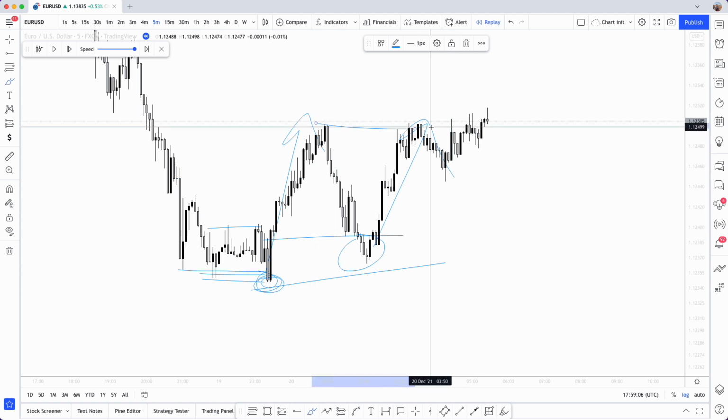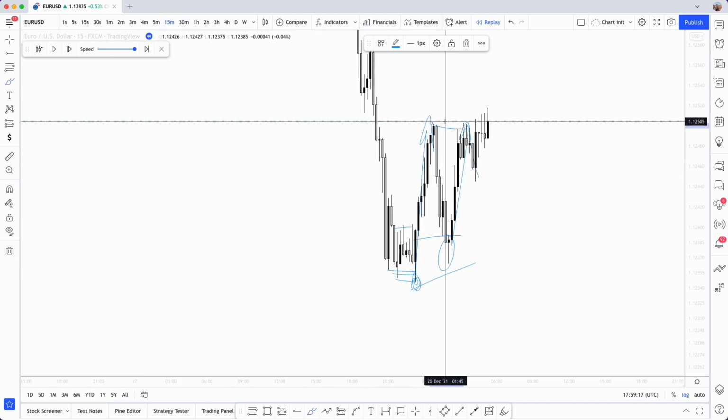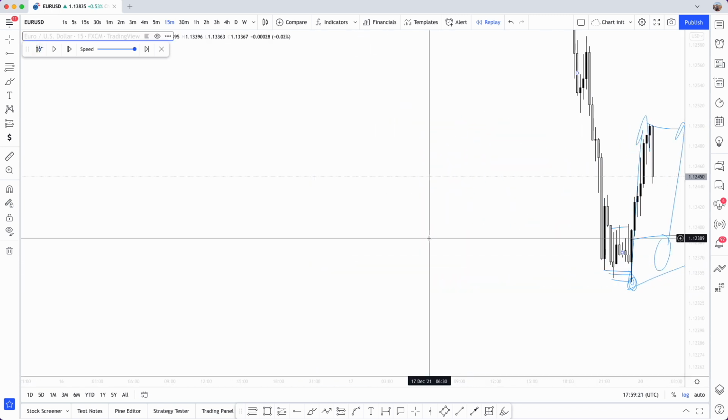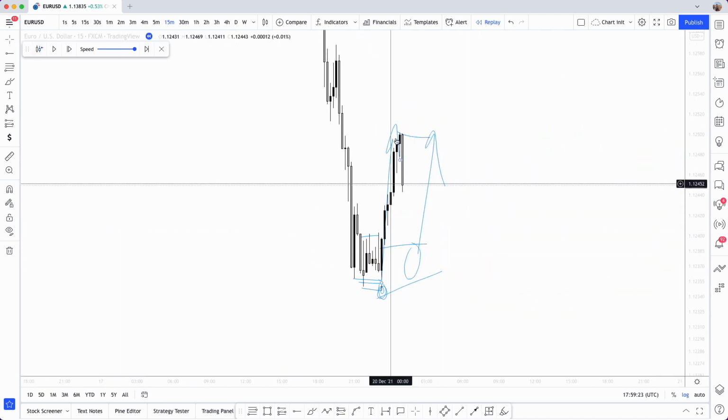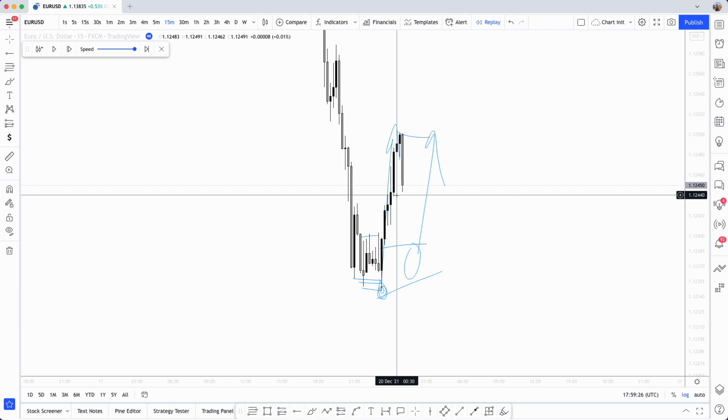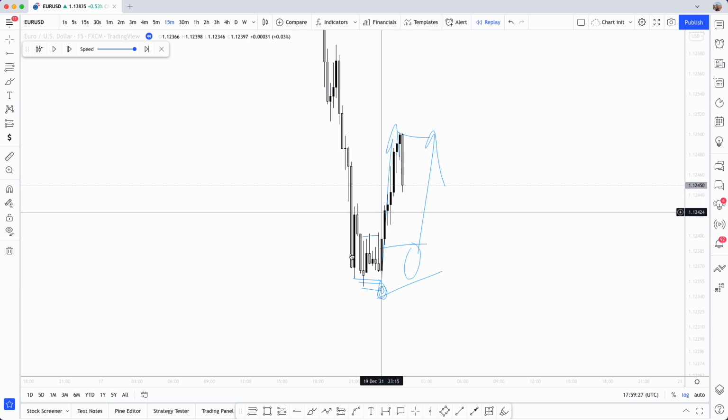In terms of targets, as I said, we'll speak about that in another phase. But that's just a generic idea that we were able to see this long idea purely because of this impulsive move. So say, for example, you're looking at price and you see this, and this is what I mean in terms of making decisions. You probably won't have enough time to keep flicking through the time frames.